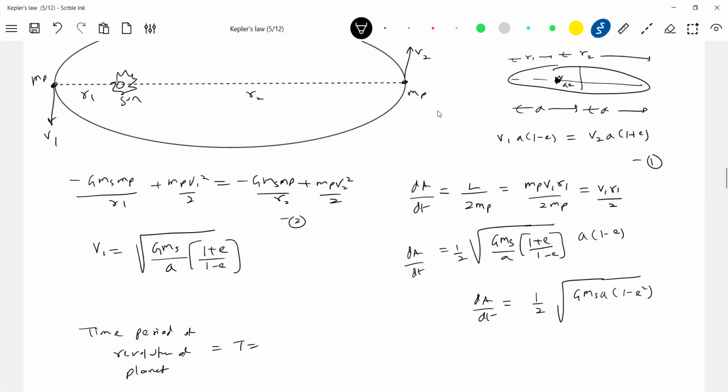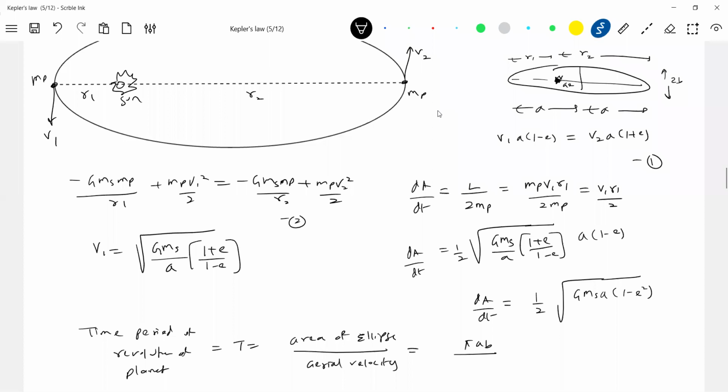T is equal to area of ellipse by areal velocity. Area of ellipse how much? Pi A B.